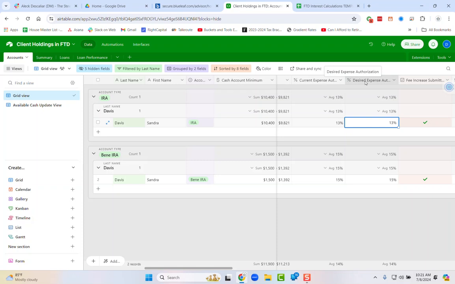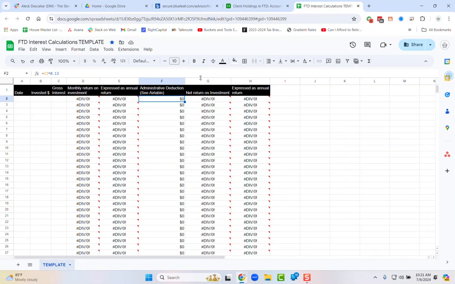If it says 13% in Airtable, then this is going to be accurate because the calculation is times 0.13. Prior to November of 2023, the administrative deduction was lower. You can just assume it was lower by 0.02%.